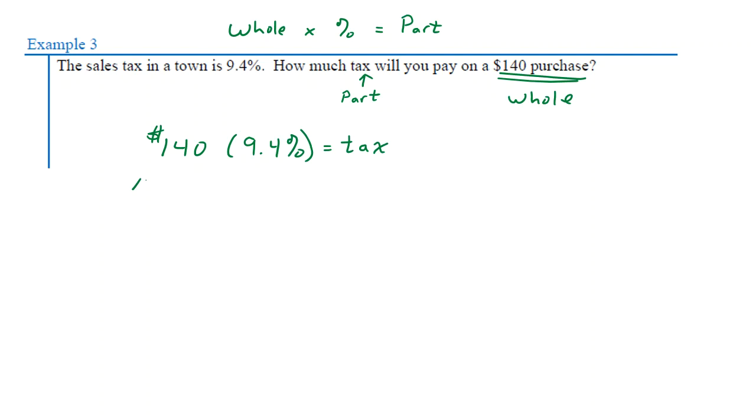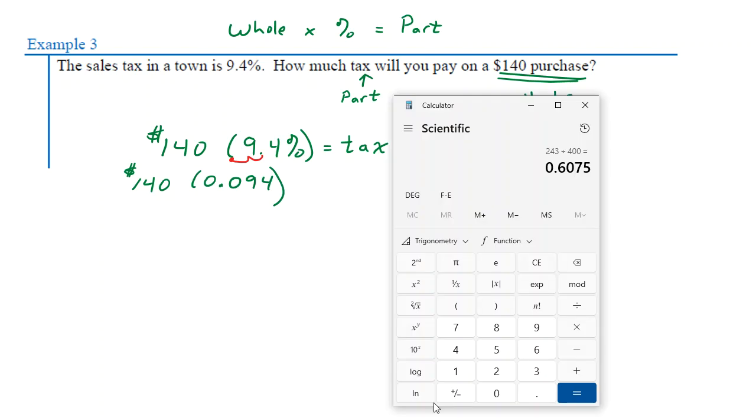Now, when you're multiplying something with your calculator, some calculators have a percent button. You want to be careful with those, but generally what you want to do is move the decimal to the left 2 places and write this in its decimal form. And then grab your handy dandy calculator and do 140 times 0.094, and we get 13.16.